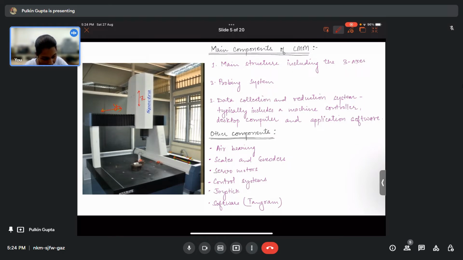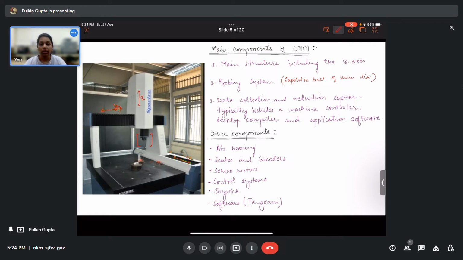So right here you can see the probe. This is not very clear in this image, but was clearly shown in the lecture contents. And so this image has been taken from the lecture contents itself. So this probe is actually a sapphire ball of 2 mm diameter.